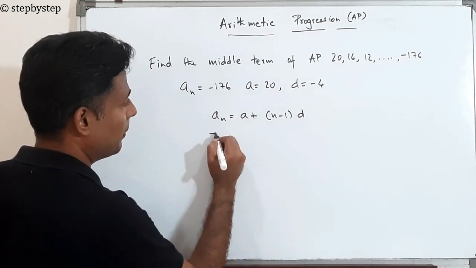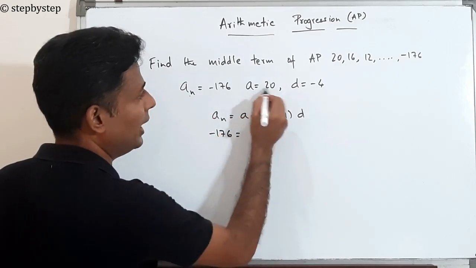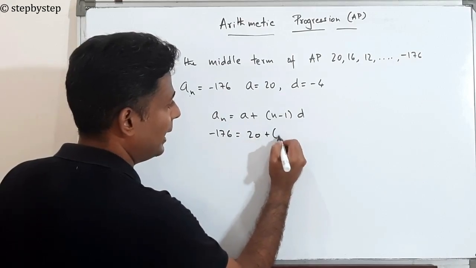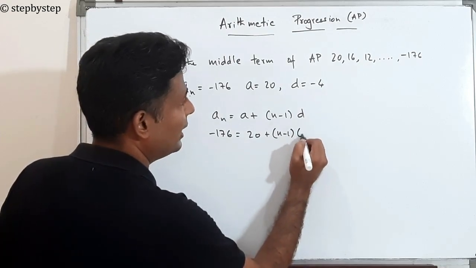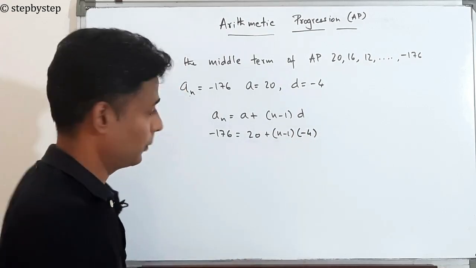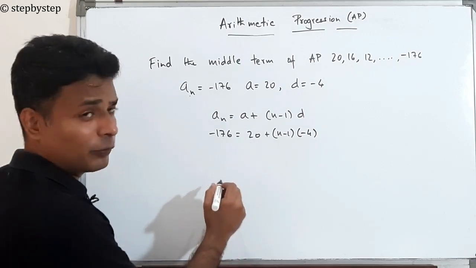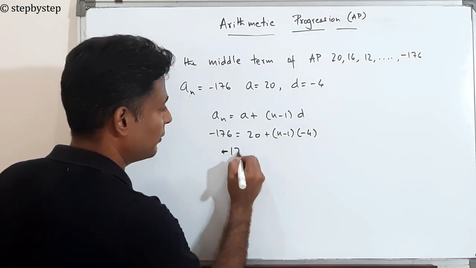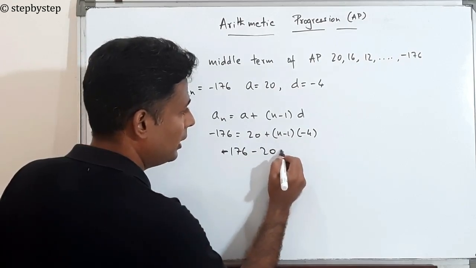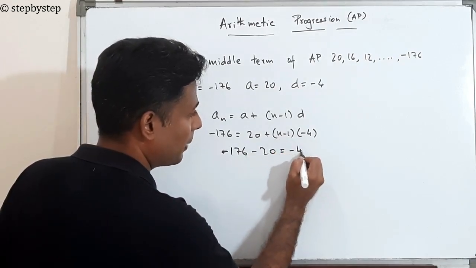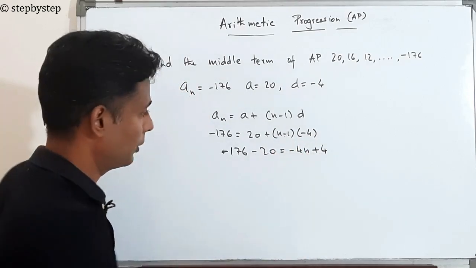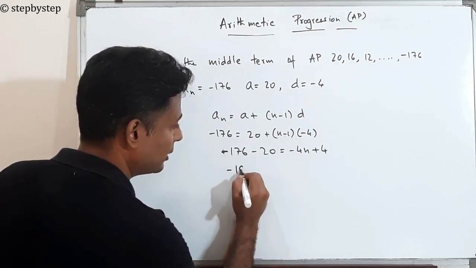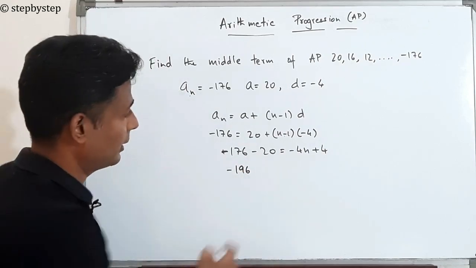a of n is minus 176, equal to a, which is 20, plus n minus 1. We do not know n, that is what we are trying to find. And d is minus 4. I'll transpose this 20 to that side. It becomes minus 176 minus 20 equal to n minus 1 into minus 4, which is minus 4n plus 4. So we get minus 196.